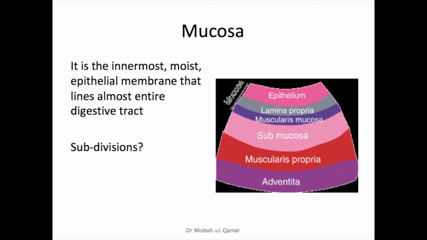Starting with mucosa, it is the innermost moist epithelial membrane that lines almost the entire digestive tract. And then it is subdivided into epithelium, lamina propria, and muscularis mucosae.